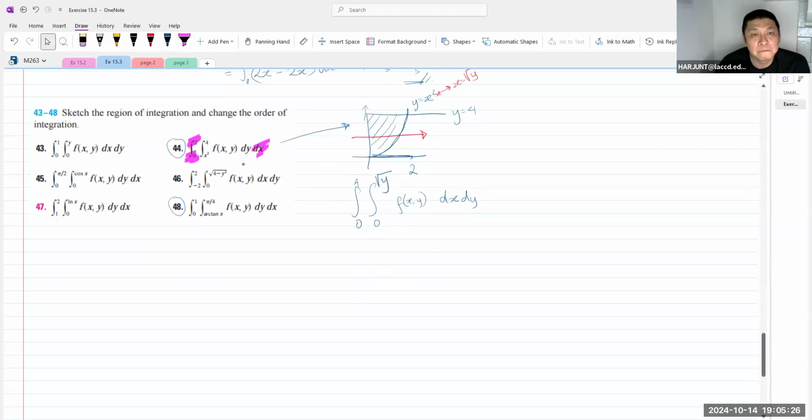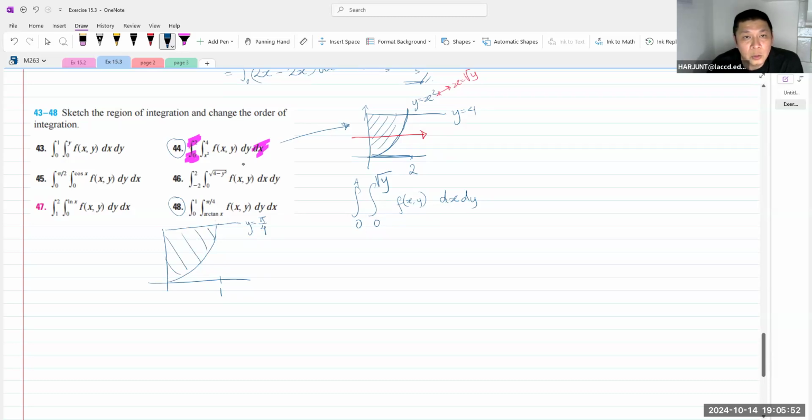Number 48, x will be from 0 to 1, and the y will be from arctangent of x to y equals pi over 4. Very similar questions.